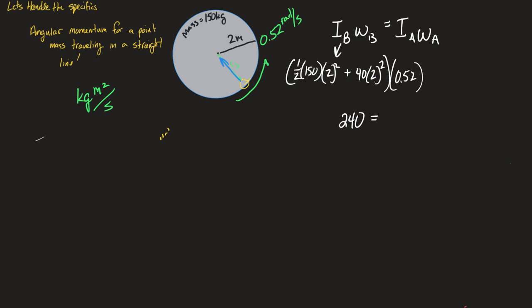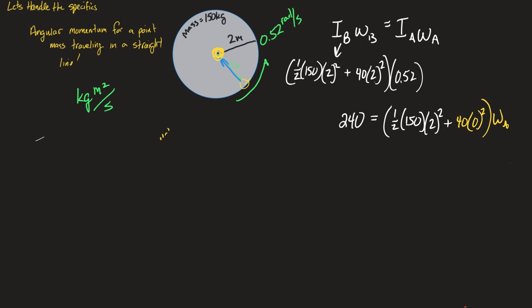This has to equal the angular momentum after, but afterwards, although the disk hasn't changed, the kid is walking to the center of the ride, which means basically he's wiping out his moment of inertia, wiping it right off the equation.